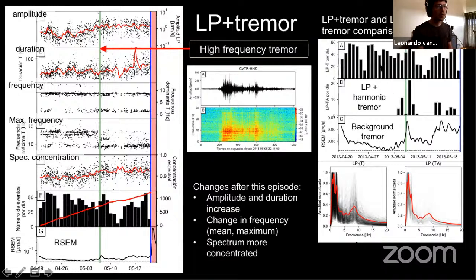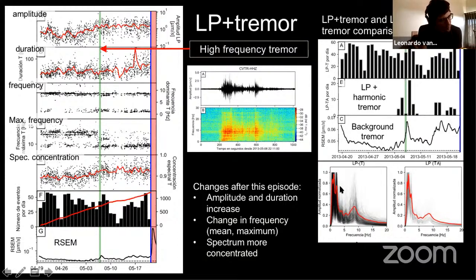So we compare here the LP plus tremor and the LP plus harmonic tremor. And what's interesting is that the number of events of the LP plus harmonic tremor goes up with the background tremor.